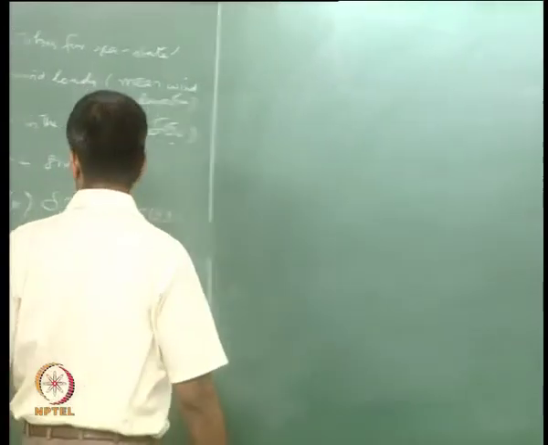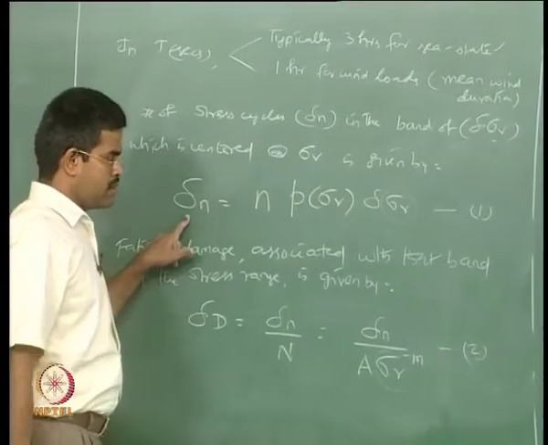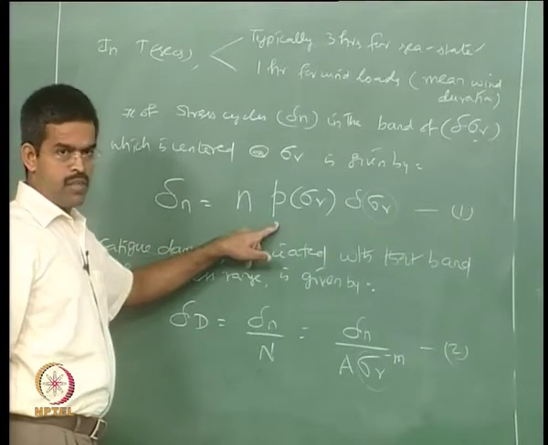Now, I already know the expression for delta n, which is a function of the probability density function of sigma r.